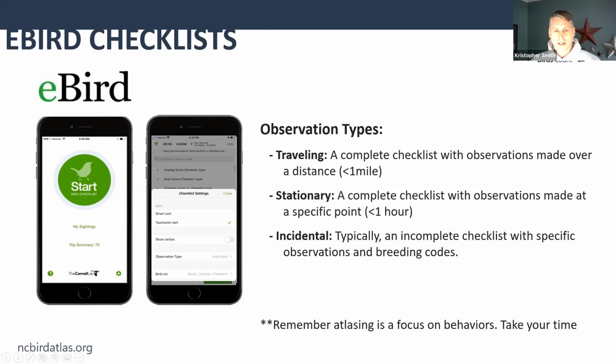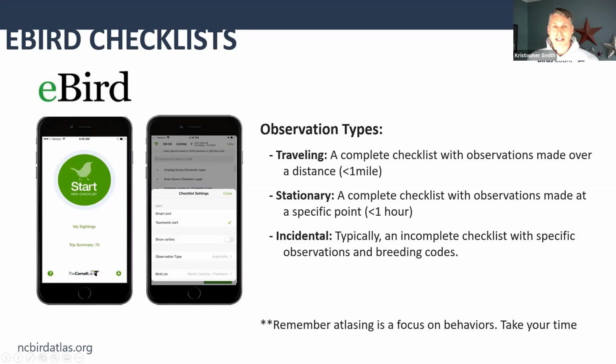An incidental is typically an incomplete checklist with specific observations and breeding codes. We'll talk about a scenario later, but that may be you're walking somewhere on a path or a trail and something catches your eye and you want to make a note of it. So you quickly pull out your eBird, log in, and start a checklist, entering any information that you may have.